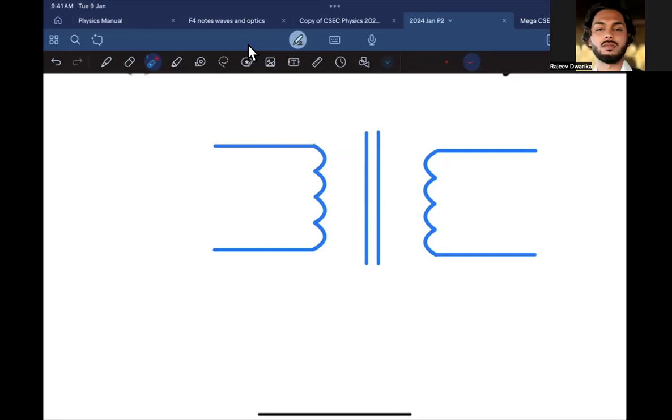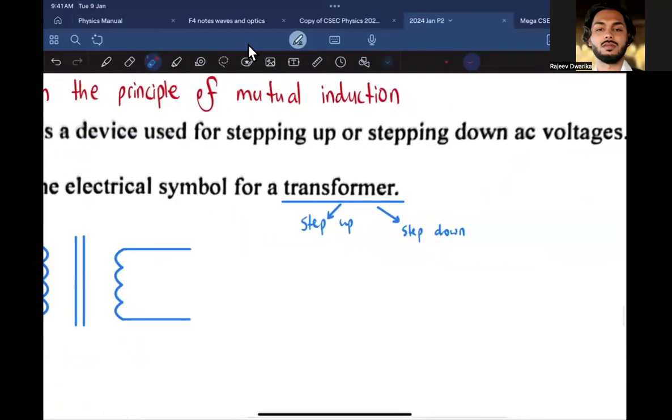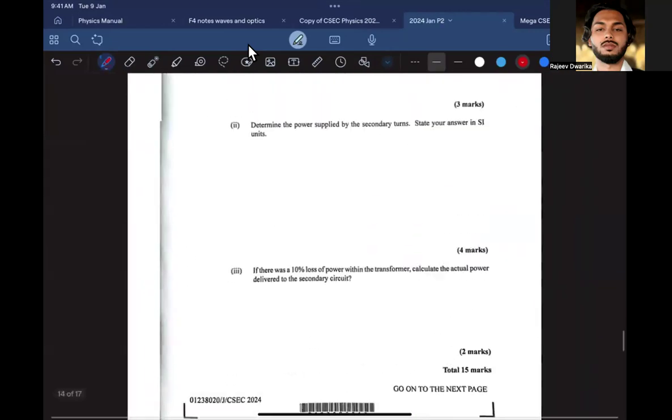So let me just answer the question quickly. A step-up increases the voltage and a step-down decreases voltage. Just keep that in mind.